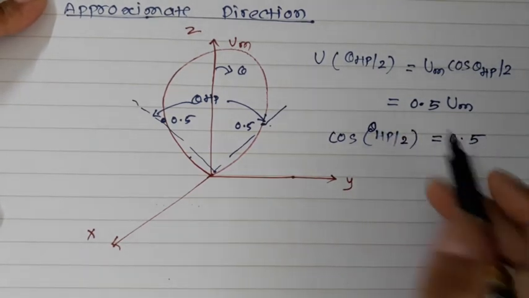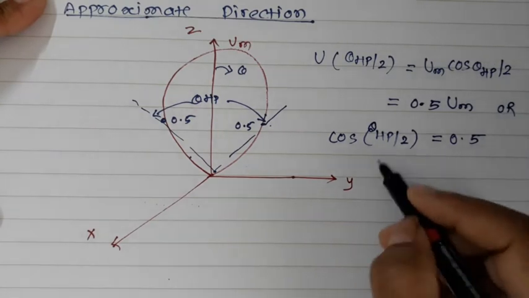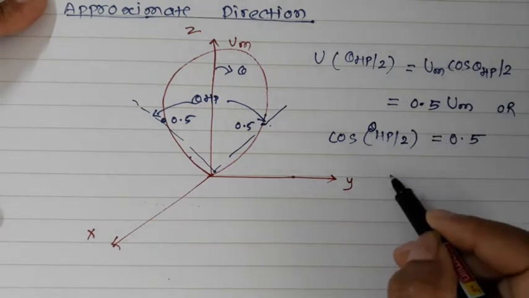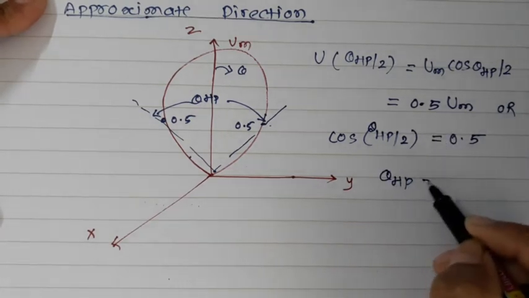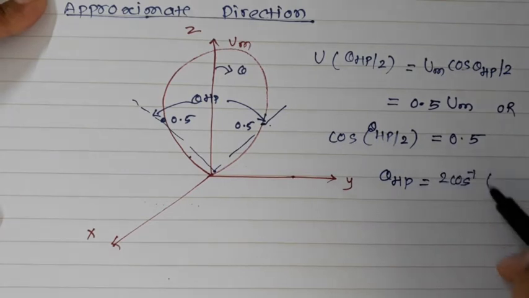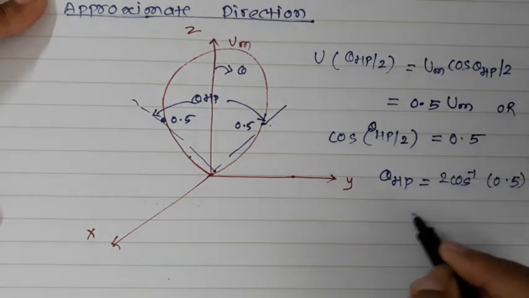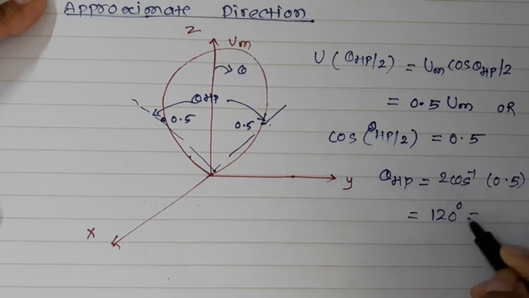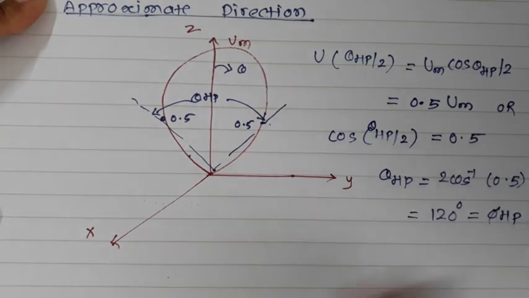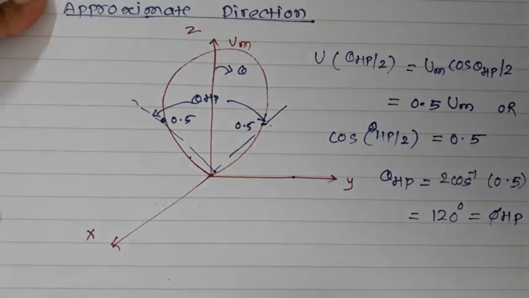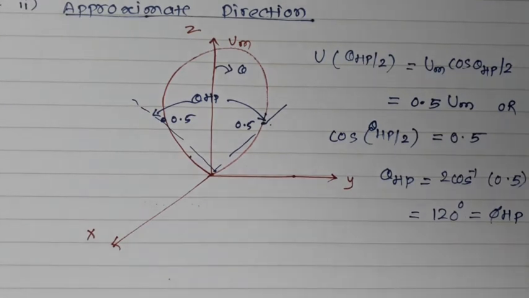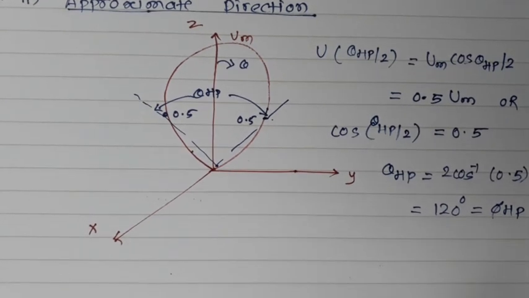So how do you calculate theta HP? Theta HP is equal to 2 cos inverse of 0.5, which comes to 120 degrees, which is the same as phi HP. So here we have calculated the half power beamwidths for both planes. Now note the difference.